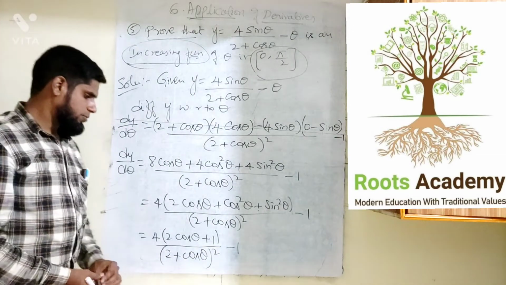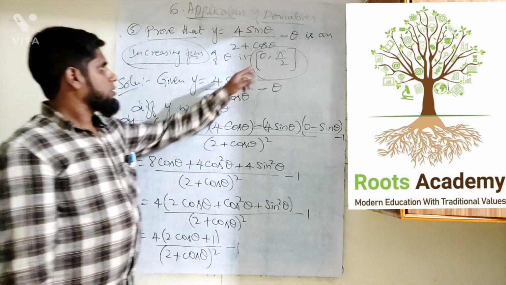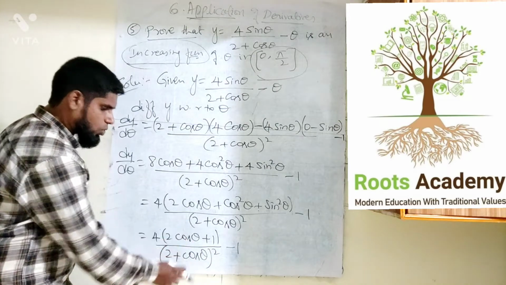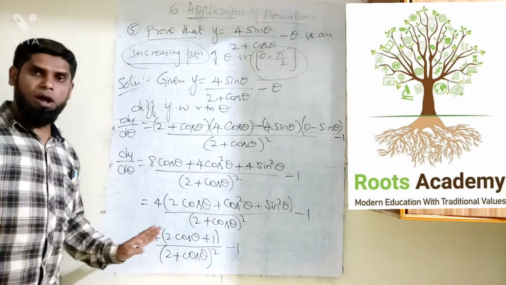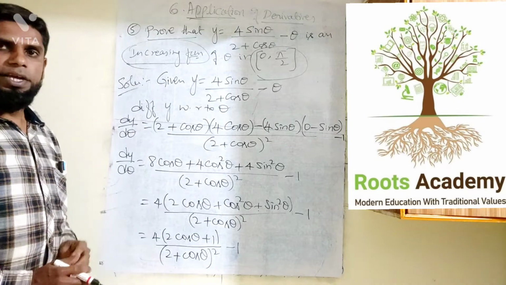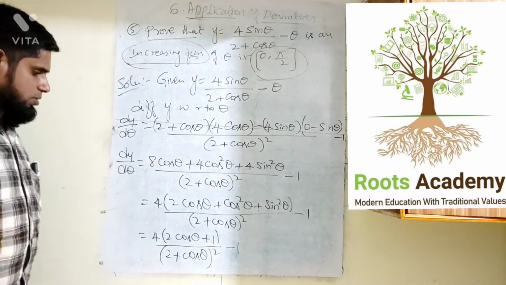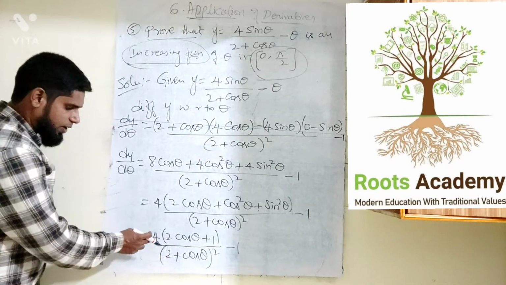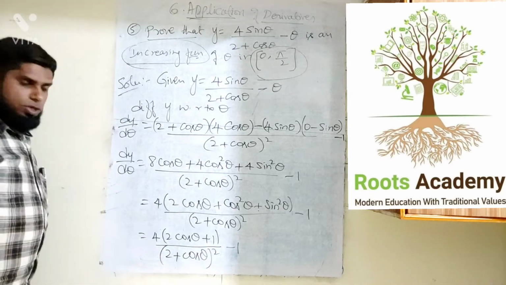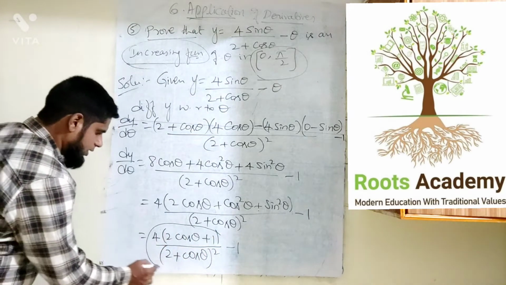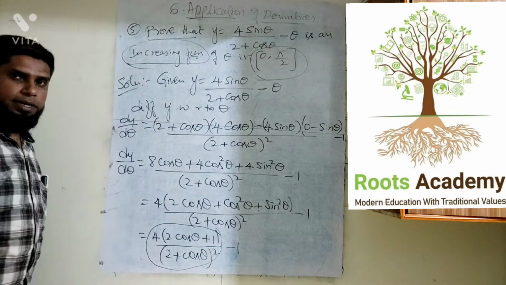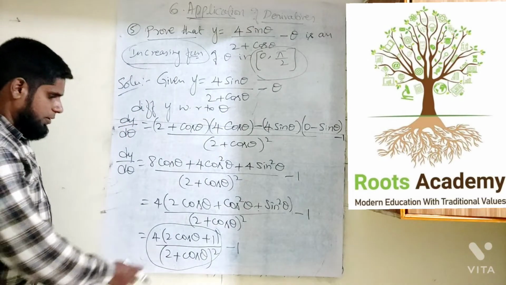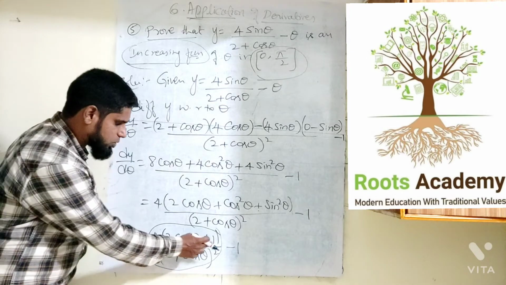Now student, here he said this is in the first quadrant. In the first quadrant, cos is positive. Not only cos, all the 6 trigonometric functions give a positive answer. Whatever the answer here, it is positive and it is finally multiplied by 4. So this complete quantity, we can say that it is greater than 1, obviously, because here 2 is there and plus 1 is there.